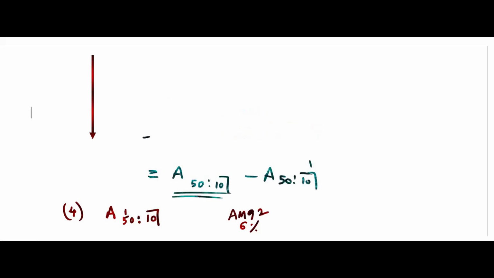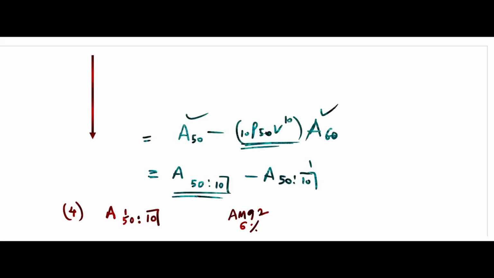This is one way. Directly also, if you want, you can do A50 minus P50:10 V10 A60. Here also you have to see the table, and for this one also there is a formula, the probability is d(x+n) by d(x). Am I correct?